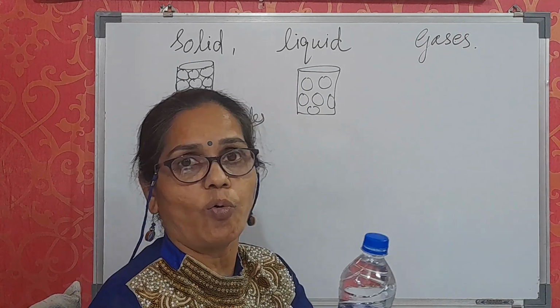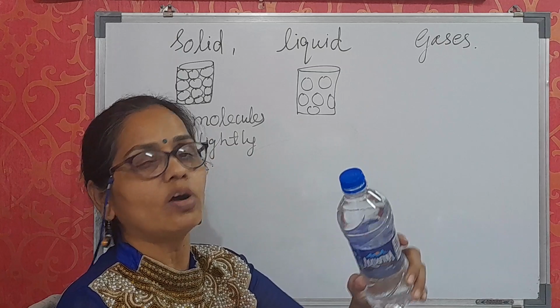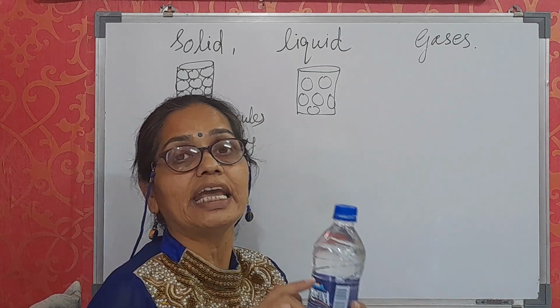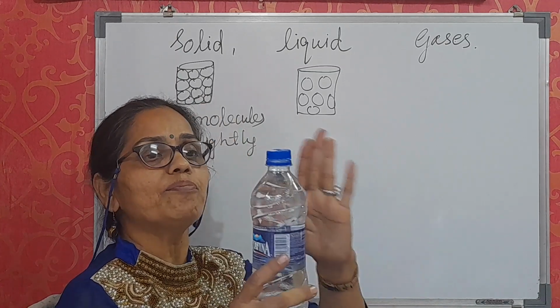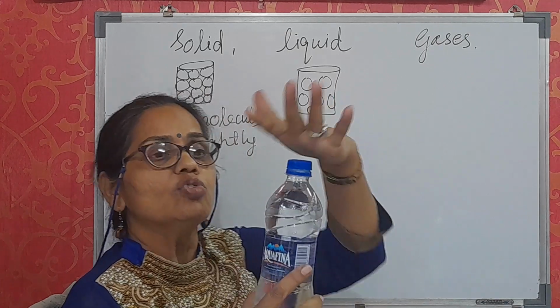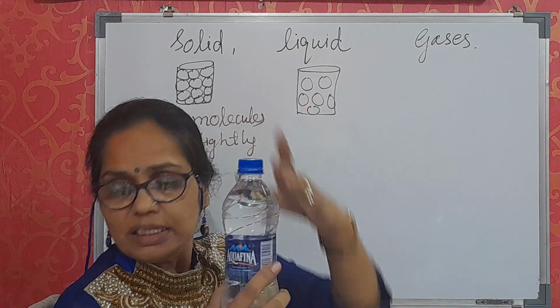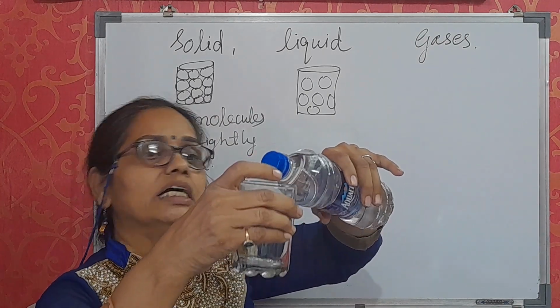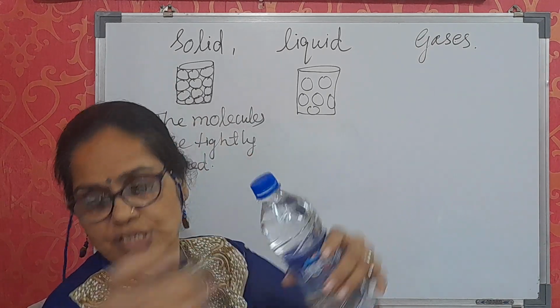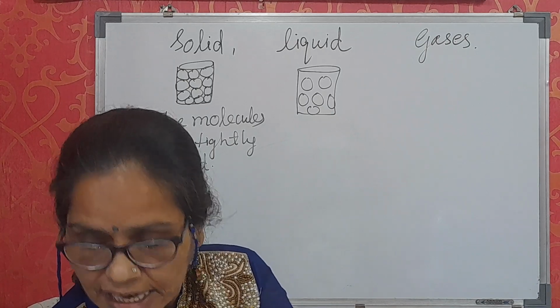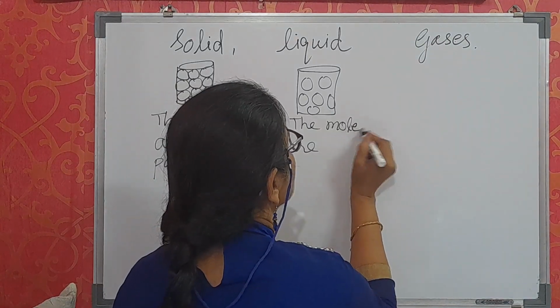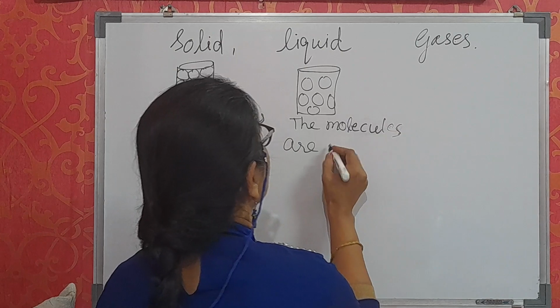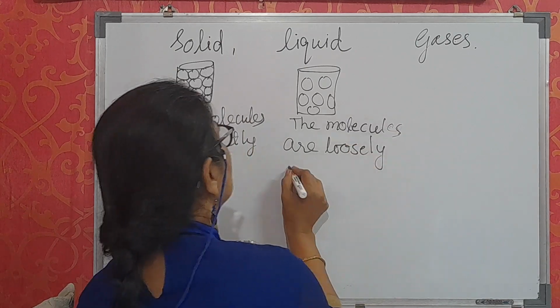It can flow, right? When you pour water in any container, it will take the shape of that. Now here I pour water in the bottle. So it is taking the bottle shape. If I pour the same water in a glass, then it will take the glass shape. That means in liquid, the molecules are loosely packed compared to solid.